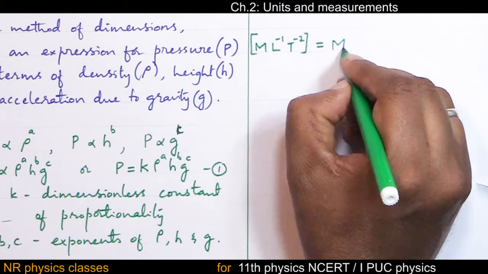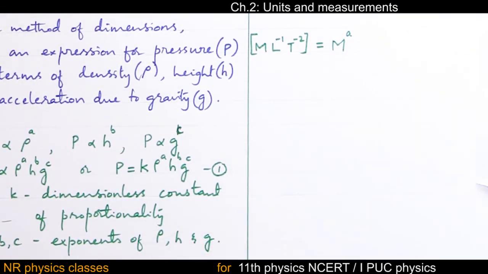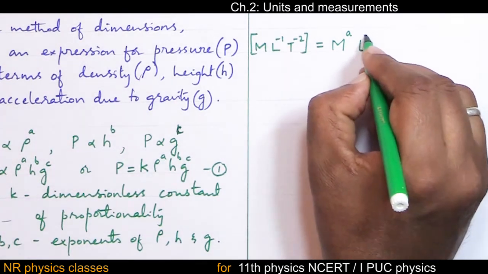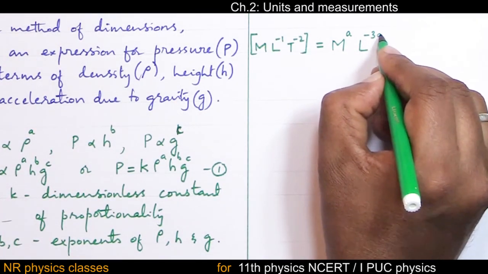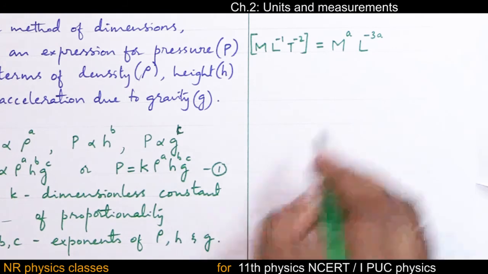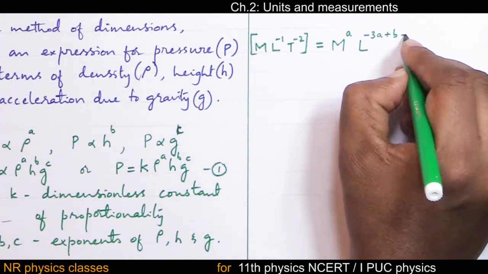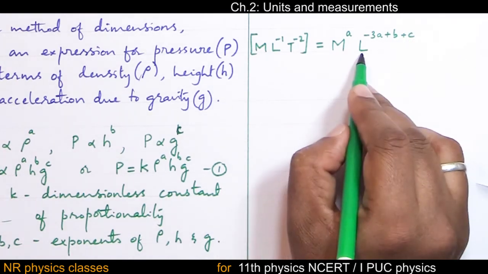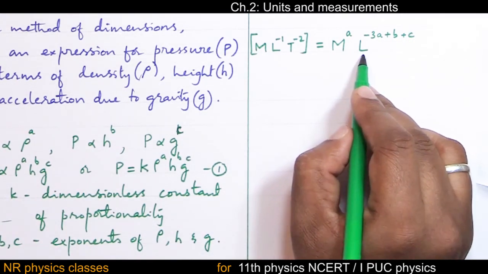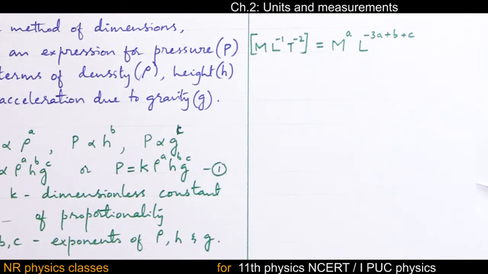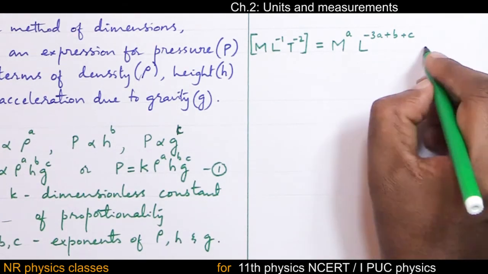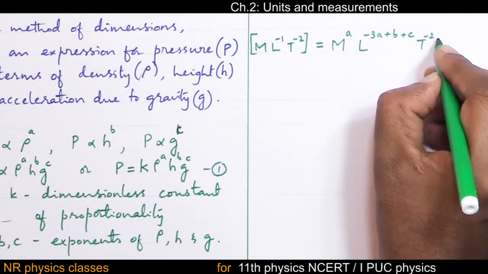L power minus 3A, L power B, L power C. Hope you understood this. Next, time: time power minus 2C.